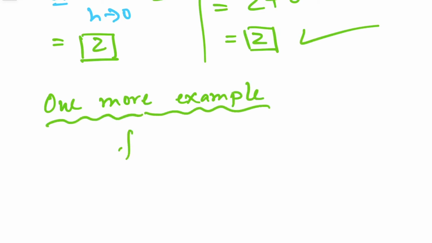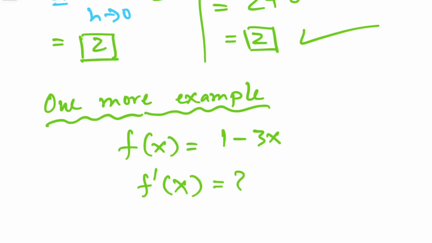So let's say at this time our function f of x equal to 1 minus 3x, and I want to find out the derivative of this function using the limit definition of the derivative.